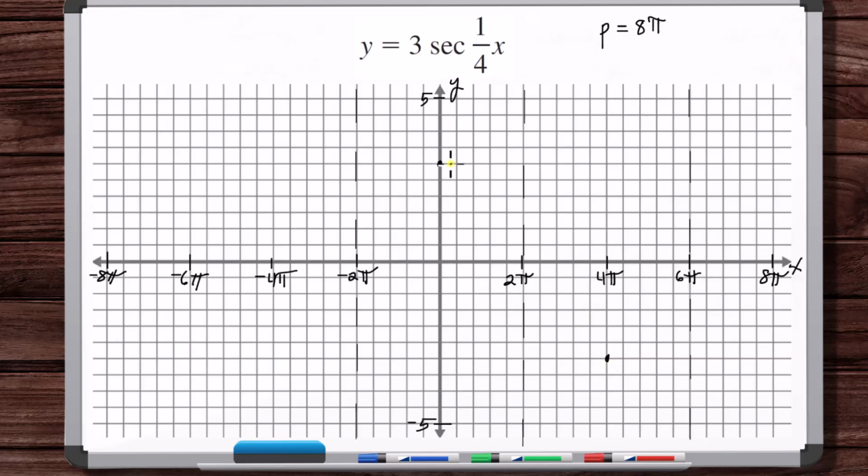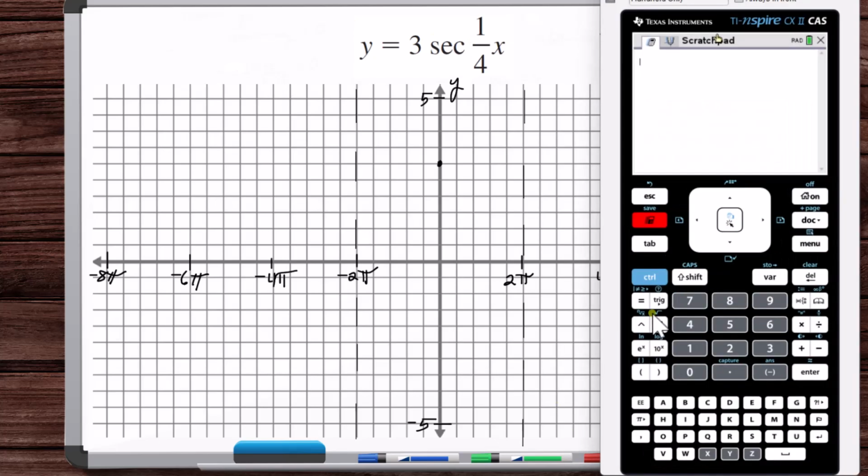That's enough to draw the curve, but it'd be good to plug in some quarter points in each of these intervals just to help us with the shape. So let's plug in minus pi over 4. Secant of minus pi over 4 is root 2, times 3.